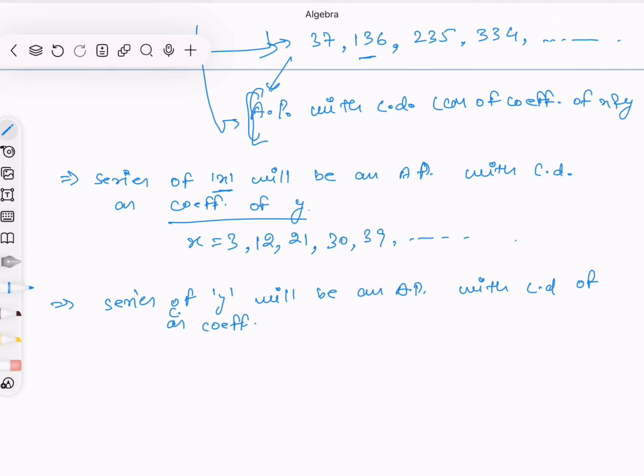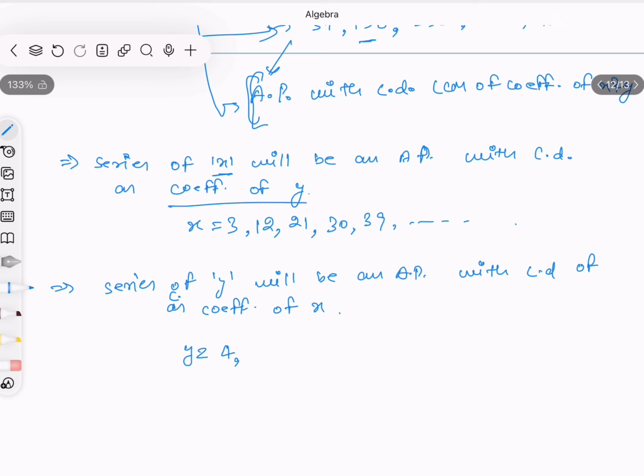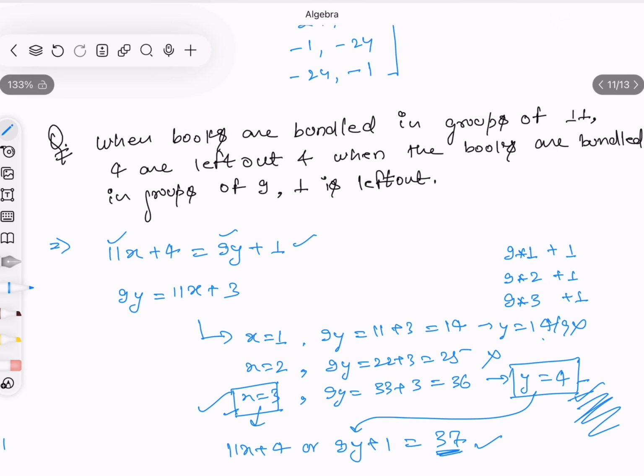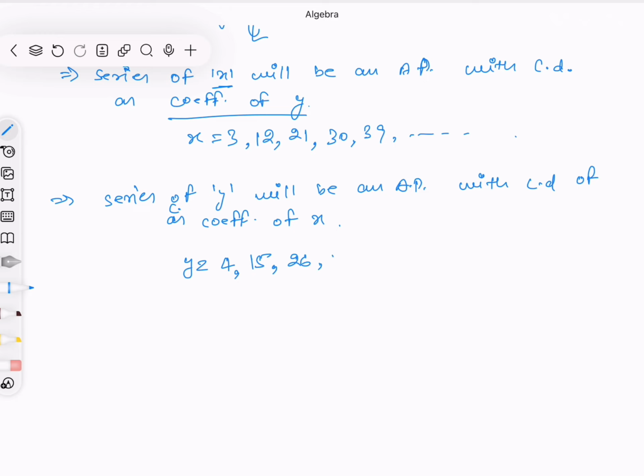Let's write 4. Now the AP has common difference as the coefficient of x. What is the coefficient of x? It is 11. So add 11, 15, add more 11, 26, add more 37, add more 48, and so on, and you have this AP.